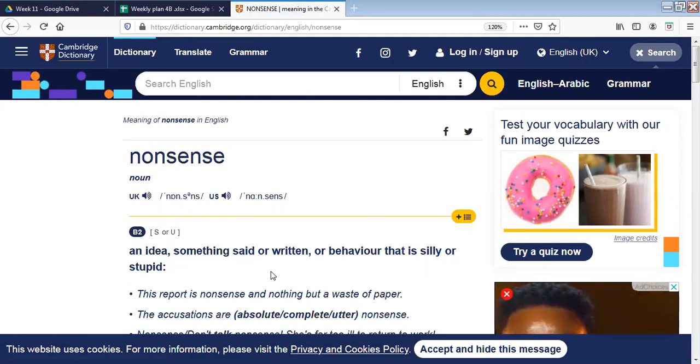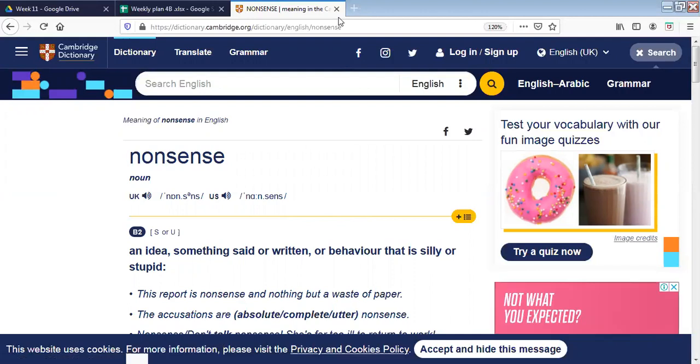So when I say that this is nonsense, it means it's stupid, it's silly, okay? This is the meaning of nonsense. So nonsense means an idea or anything that is said or written or even a behavior that is silly or stupid.